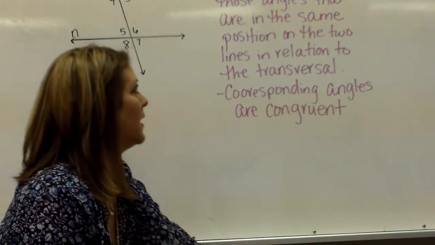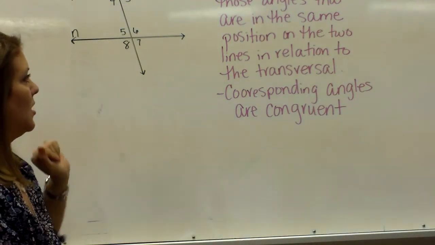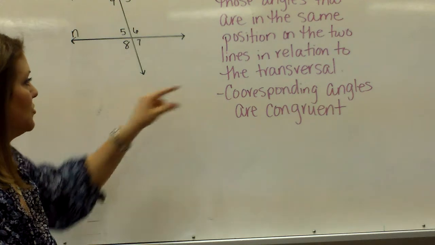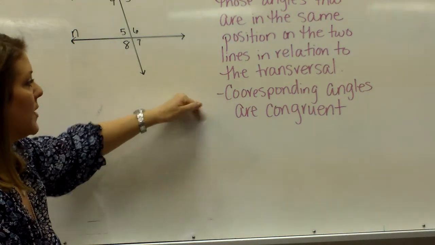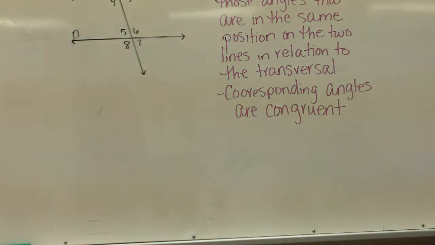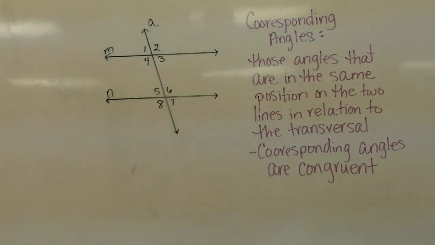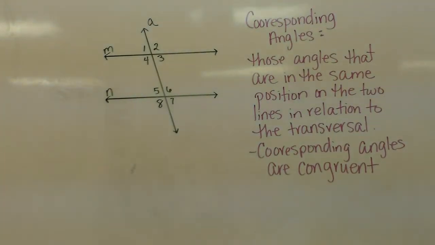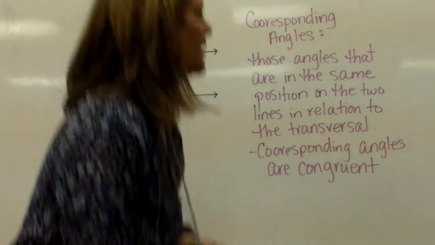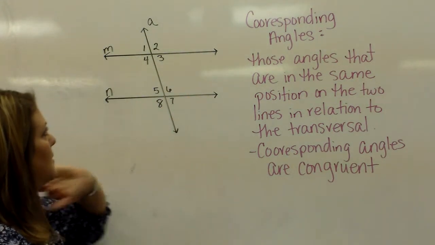Are our corresponding angles. Those are angles that are in the same position on the two lines in relation to the transversal. Corresponding angles are congruent. Sorry about that, I had to adjust just a little. Okay, so we have our corresponding angles that are going to be in the same position.